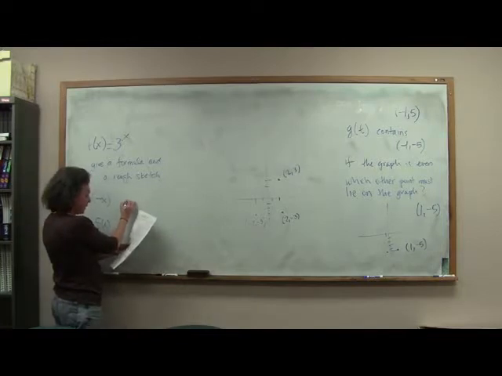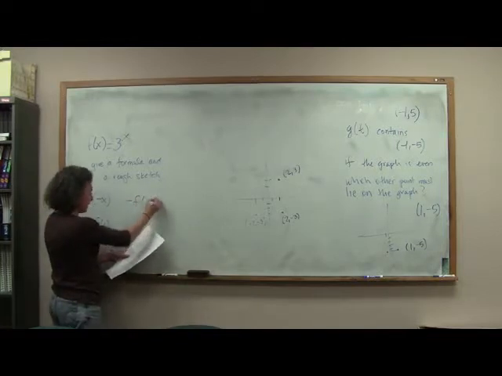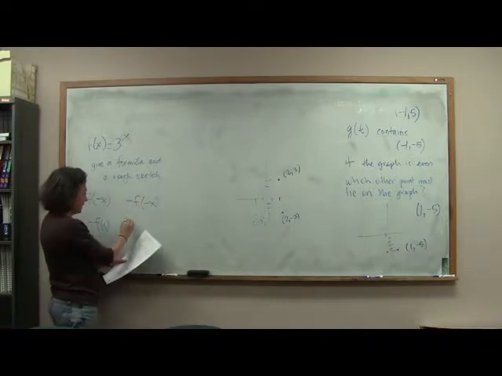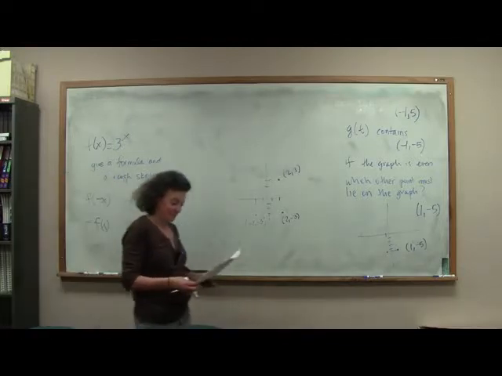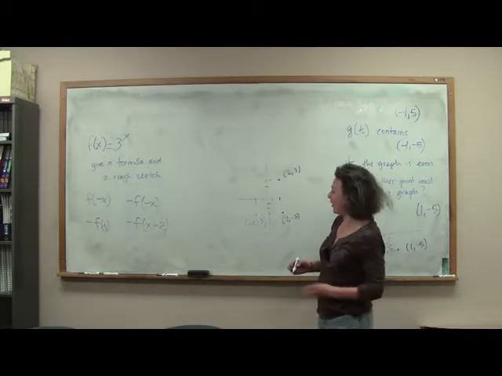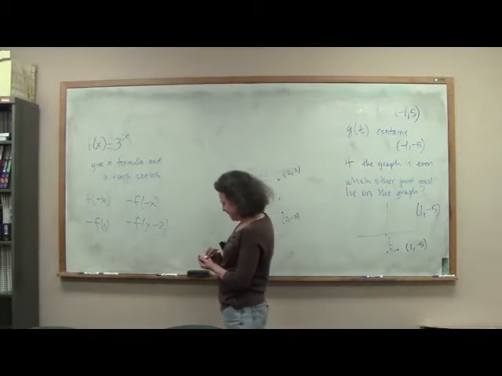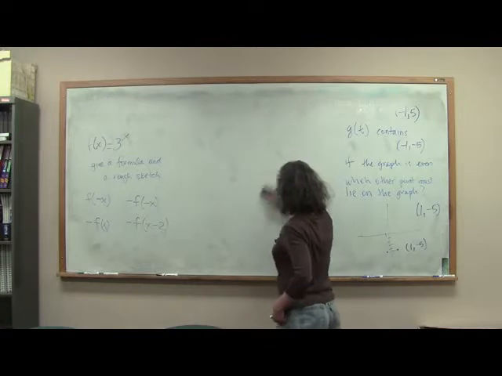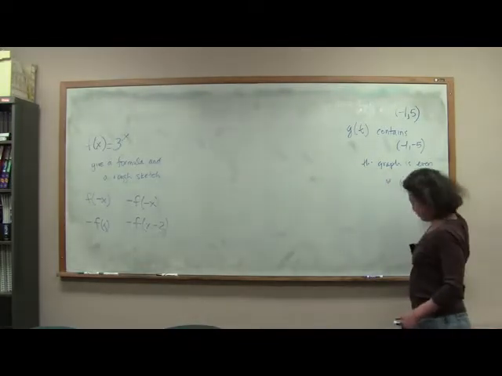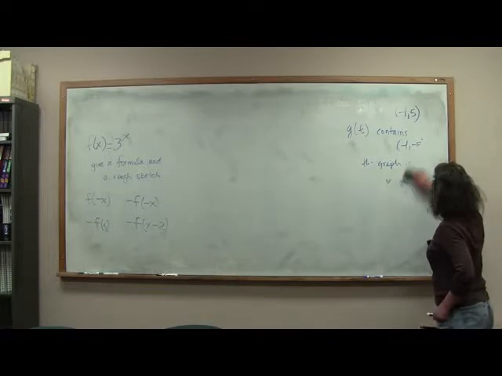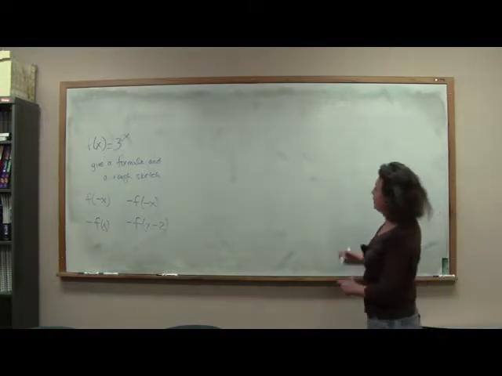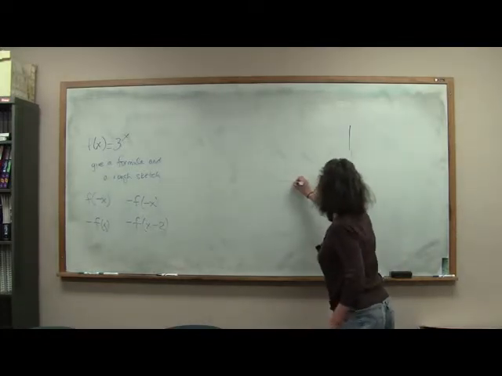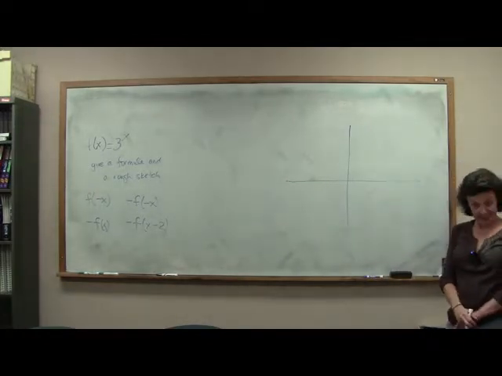Let's do negative f of -x. And finally, negative f of x minus 2. Doesn't this look like a ball? All right, so what I would suggest we do is make a general graph of what 3 to the x looks like, and then let's try to recall what each of these reflections and or translations tell us to do.